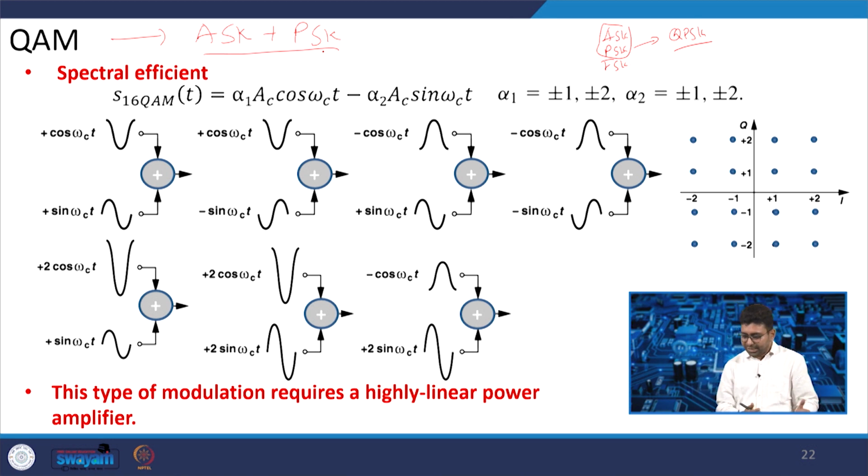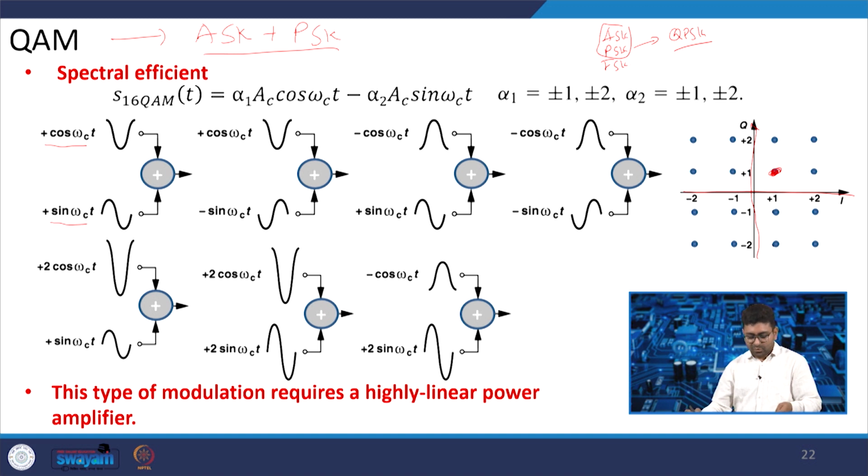So how are we doing this? This is the in phase axis and the quadrature axis. The first point we will try to apply is plus cos omega ct plus sin omega ct, so it will be somewhere around here. This is the point that we try to send.